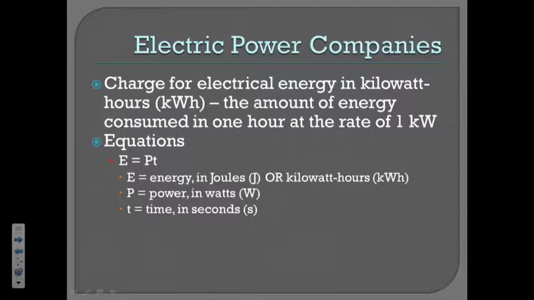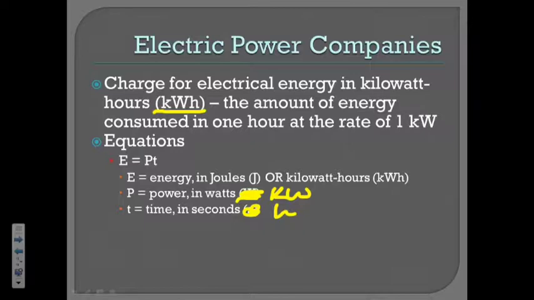But for this particular case, we will be measuring power in kilowatts, and the time will be measured in hours, because the electrical companies charge you according to the kilowatt hours that you are using.